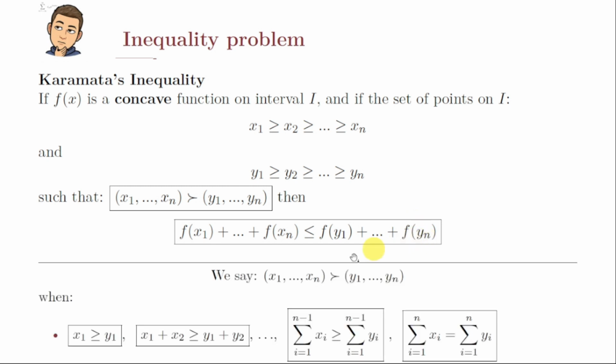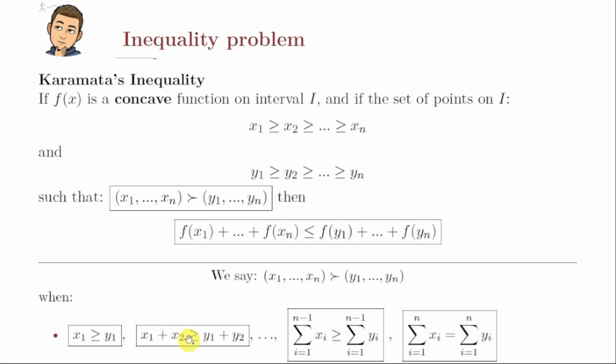Now, the majorization: we say that the set of points x majorizes the set of points y if this behavior is true. That is, x1 is bigger than or equal to y1, that is, the maximum of x is bigger than or equal to the maximum of y.